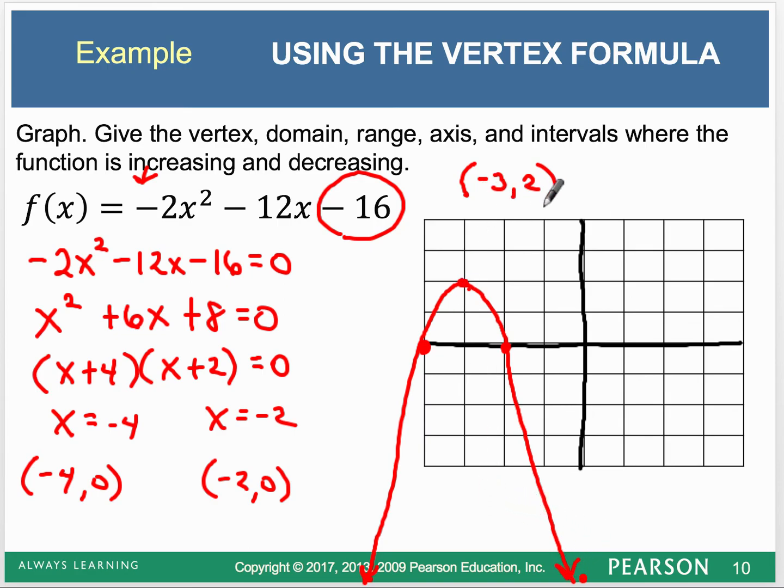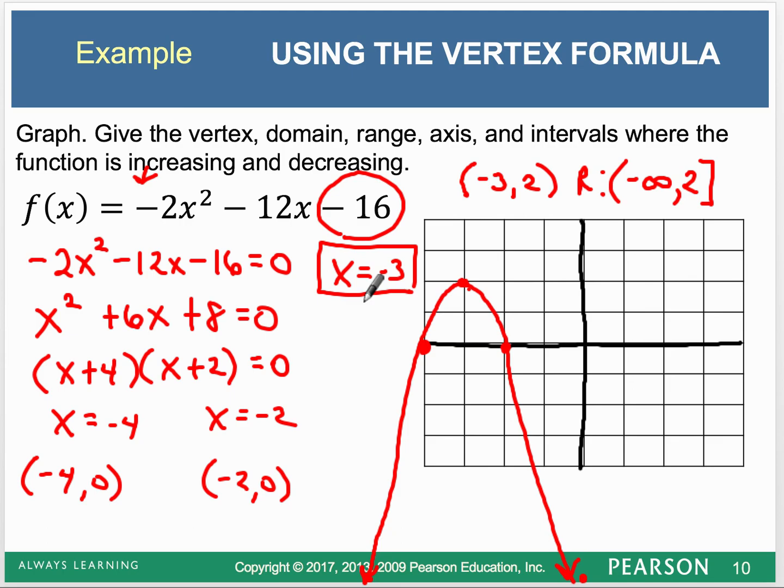Okay, we have the vertex listed. The domain is negative infinity to infinity. We know that. The range, in this case, though, is negative infinity up to the y coordinate. So up to 2. Okay, the axis of symmetry is x equals negative 3.